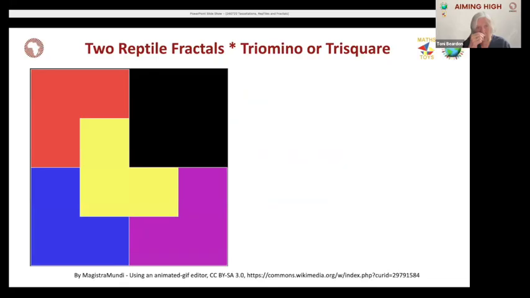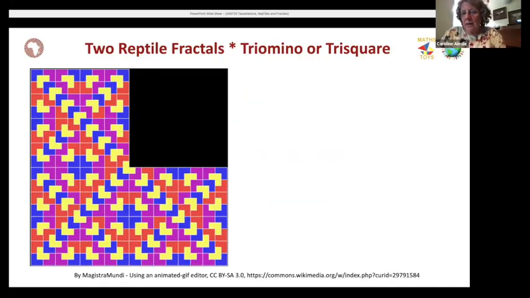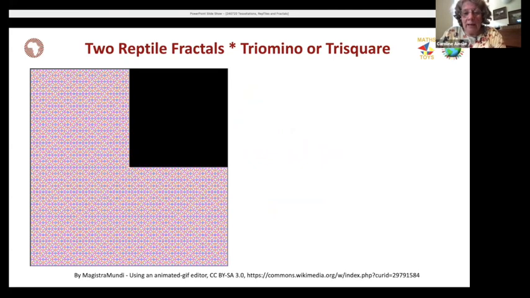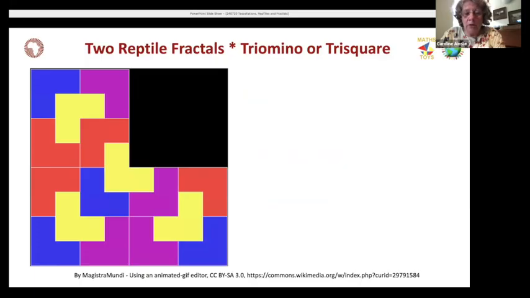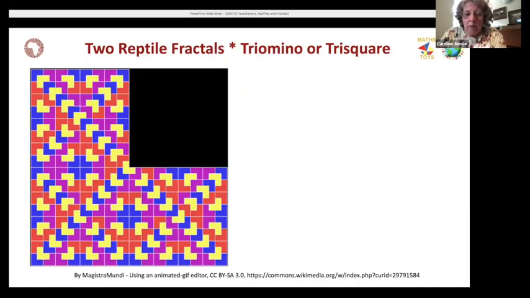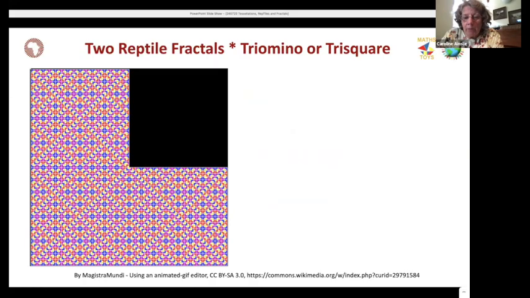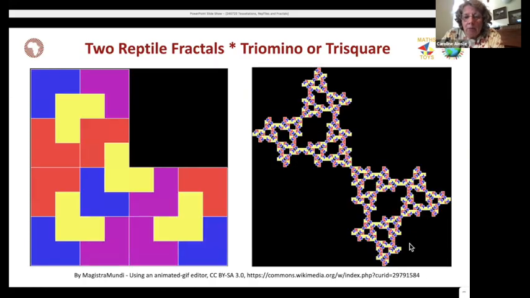A process which we call iteration. Repeating. And we can see the fractals using that, and these are simply animations. This is an animation of the triomino that Tony just showed you. But using the power of computing, you can find these on Wikipedia, and you can see how they work.